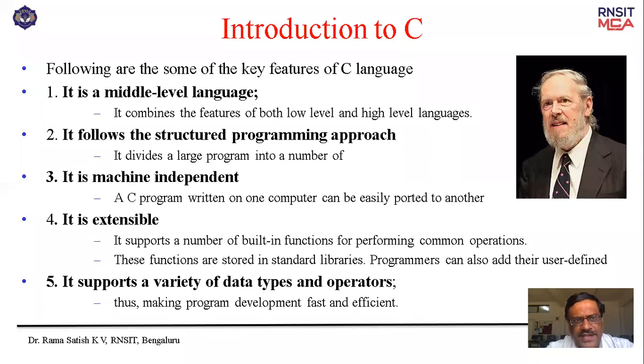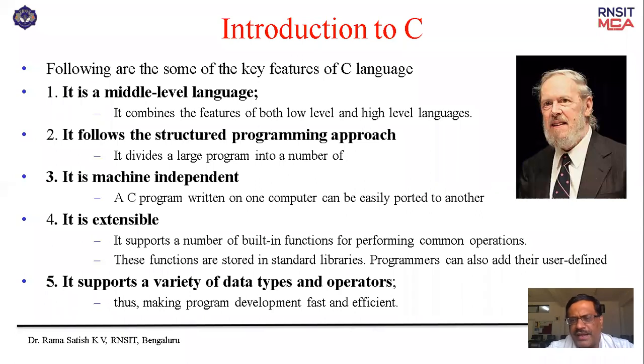First point, some of the key features of the C programming language. The first point is that it is a middle level language. What is the meaning of middle level language? Yesterday we saw low level language, that is machine language, where we cannot read anything. High level language is completely English-like, such as Python and other languages. But C has both features. It has the combined features of low level language as well as high level language.